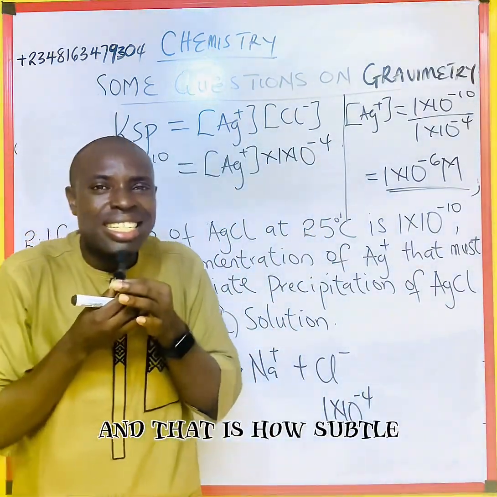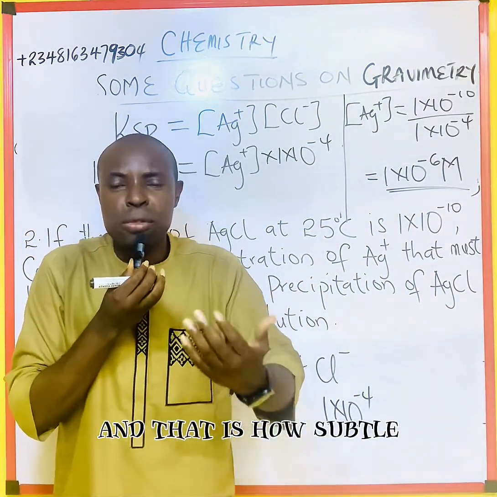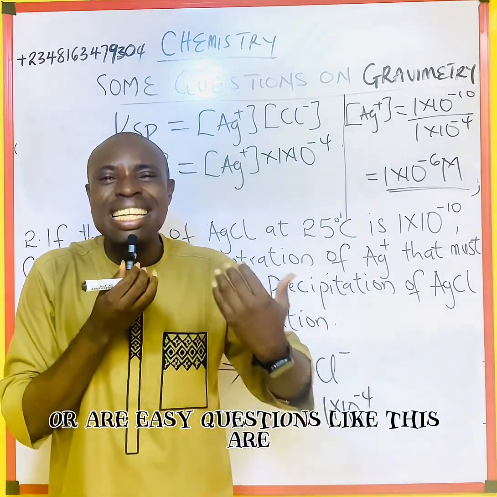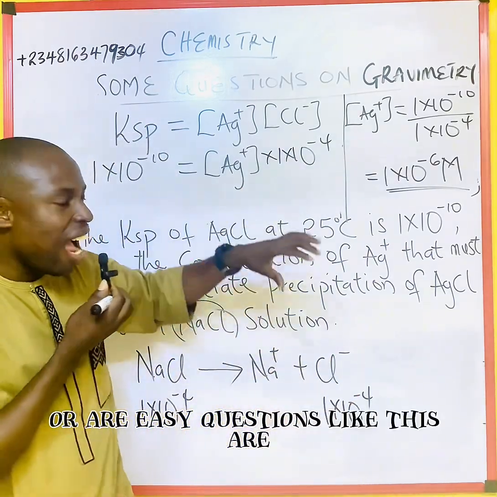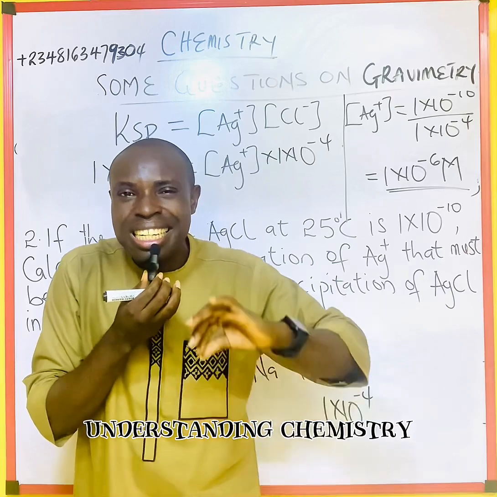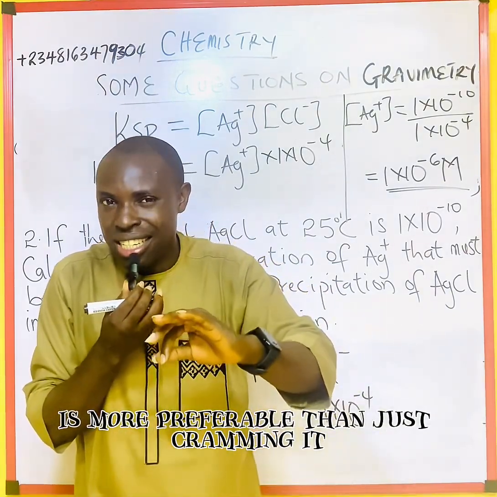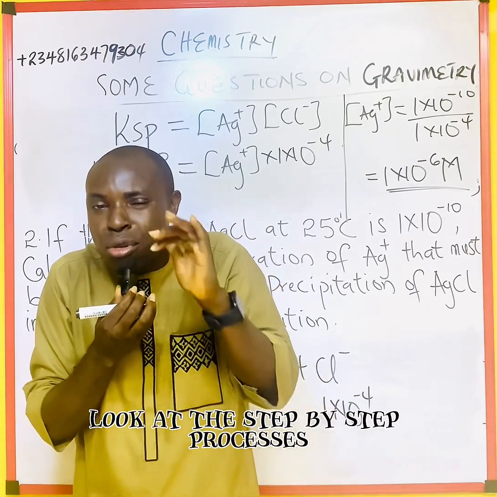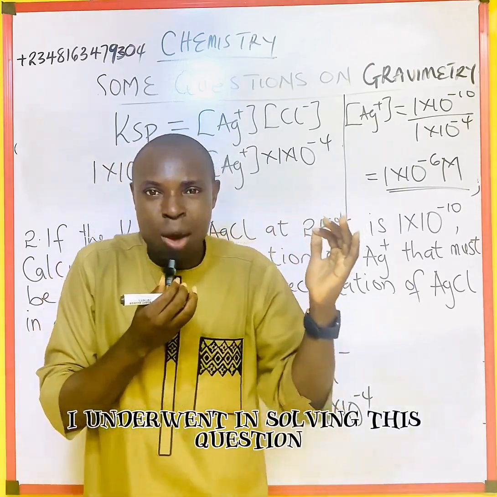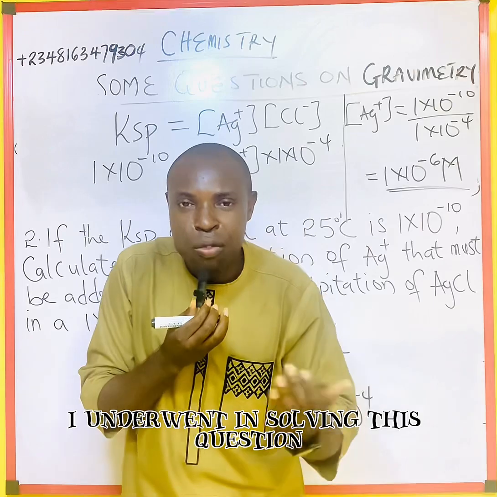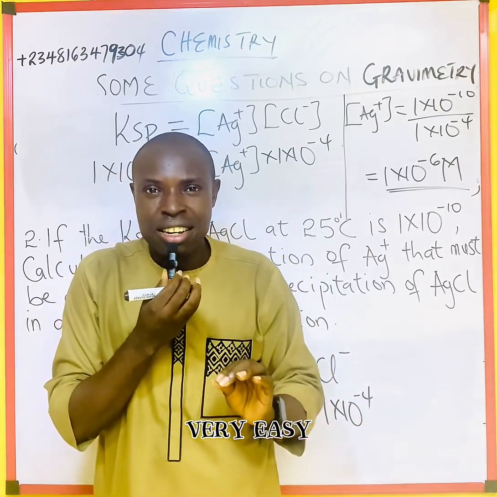And that is how easy questions like this are. Understanding chemistry is more preferable than just cramming it. Look at the step-by-step processes I underwent in solving this question. Very easy.